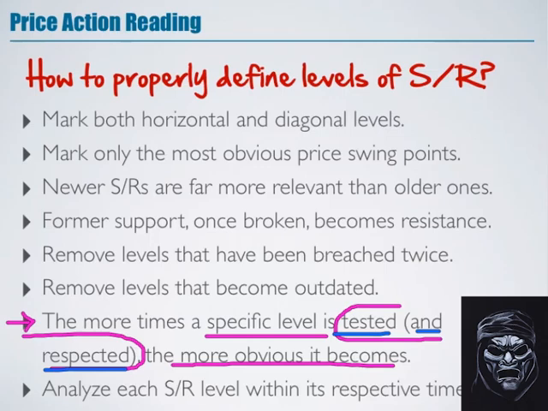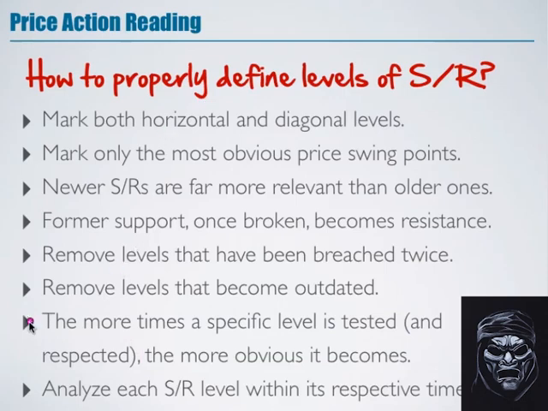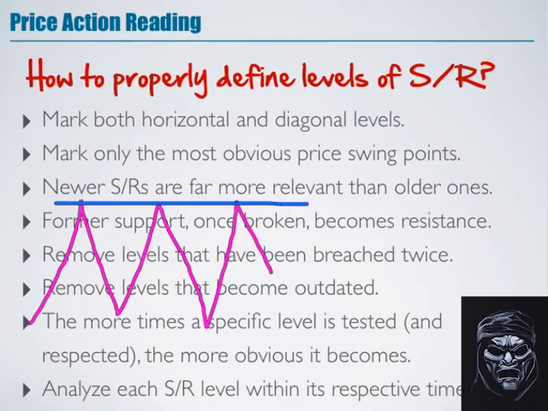All right. So human psychology dictates that the more times one specific level has been retested, the more times one specific level comes into play in the market, the more obvious that level will become. The more individual human traders, the more attention they will be paying to this specific level.